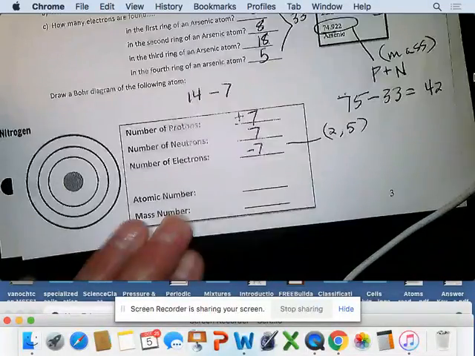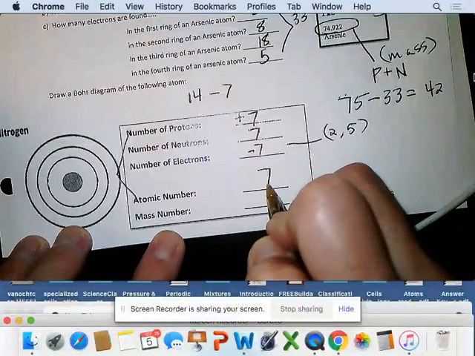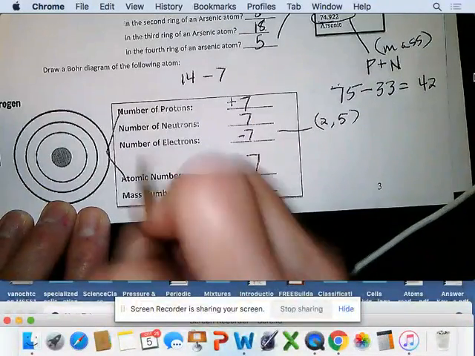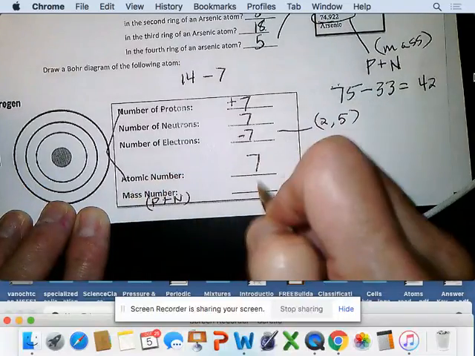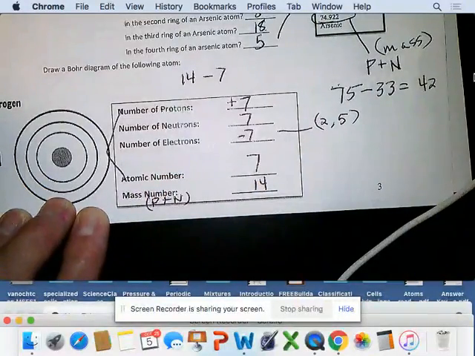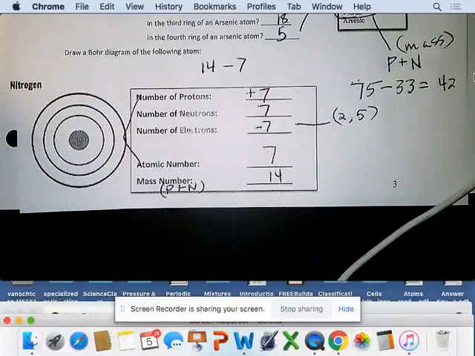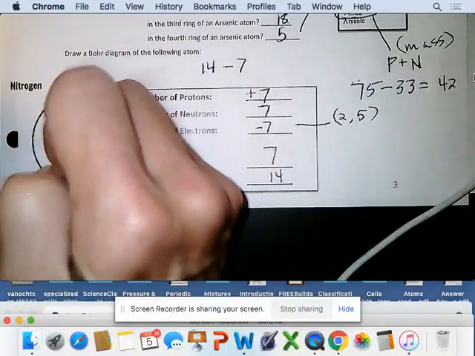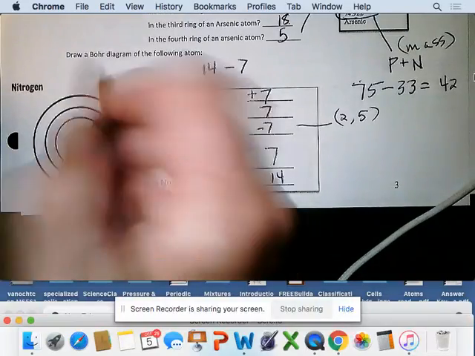The atomic number, remember, is the number of protons, so that's 7. And the mass number, that's just asking you when you get an exact number, that's the protons plus the neutrons, so that's going to be 14. Okay? So then when we go to draw it, this is a little small, so I don't think I'm going to draw out the protons and neutrons because it's too tiny.